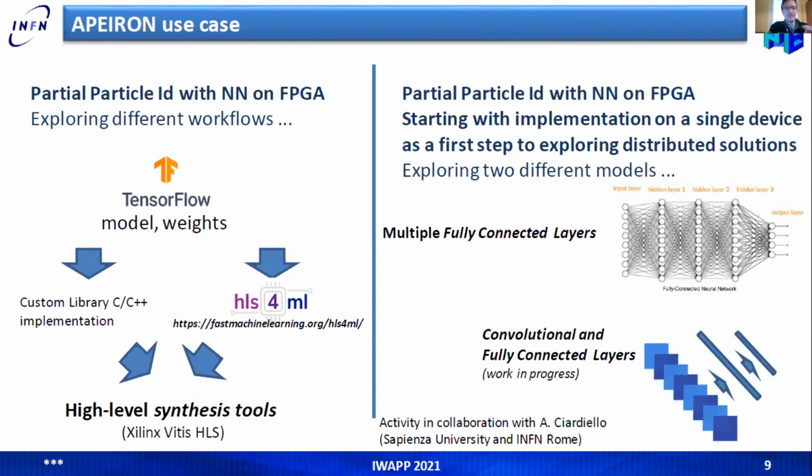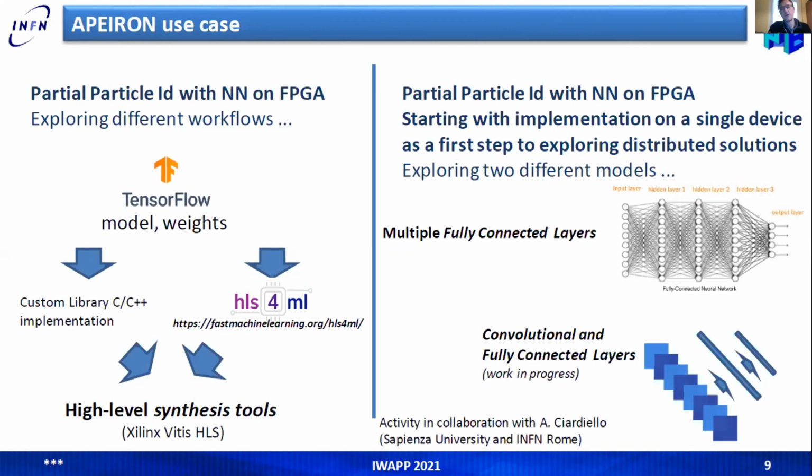We started with the model and weights generated by TensorFlow, and we used two different workflows, leveraging the HLS4ML package, and a custom library implementation that allows us to control every step of the process. And then the code generated will be passed to a high-level synthesis tool like the Xilinx Vitis HLS.